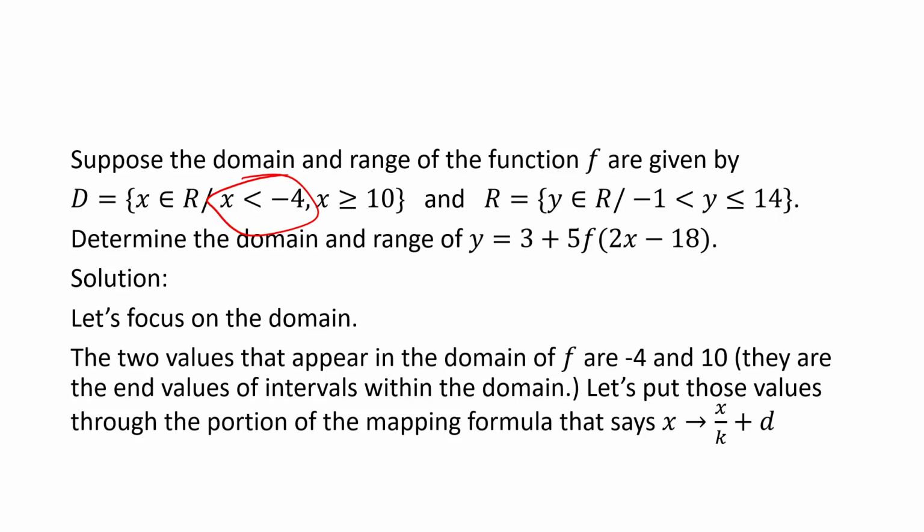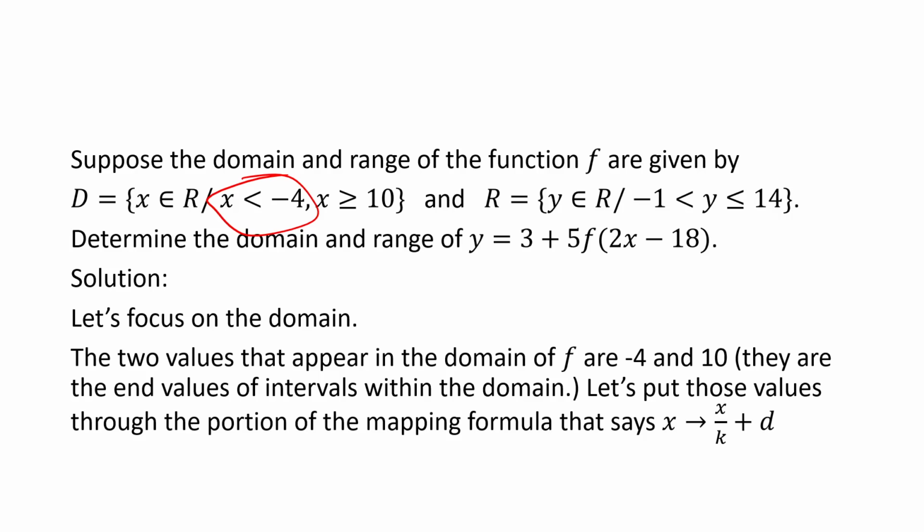And if that's what you're thinking, good for you for thinking it. But we're allowed to put -4 through because we're dealing with all the real numbers up to -4, and it's acting as a barrier, as a limit. So we're able to put it through for the rest of this question to help us answer it.